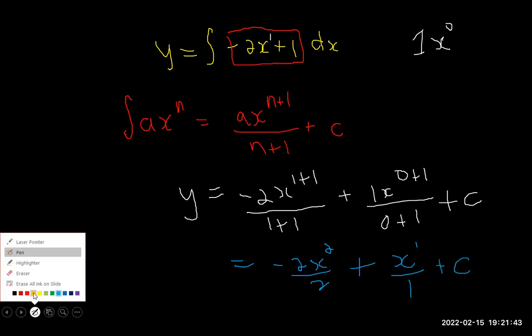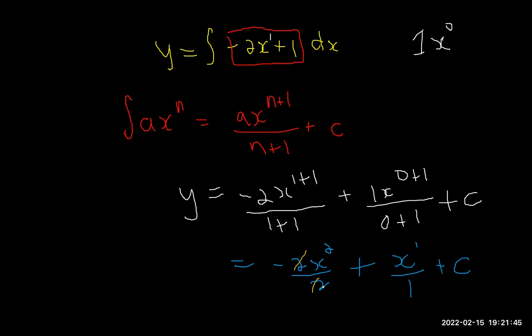I can reduce this right here. Cancel these, and we get negative x squared plus x plus c. So y is equal to minus x squared plus x plus c.